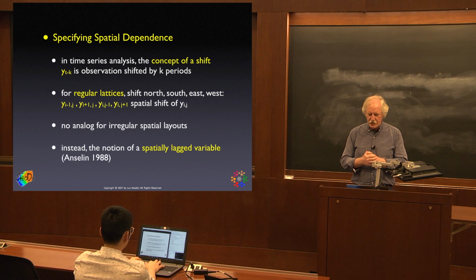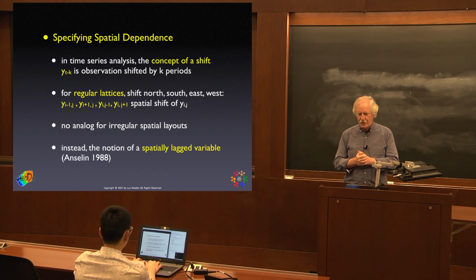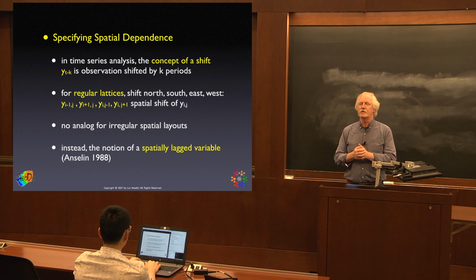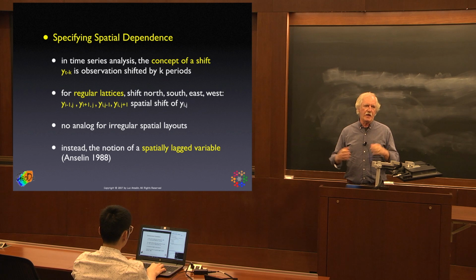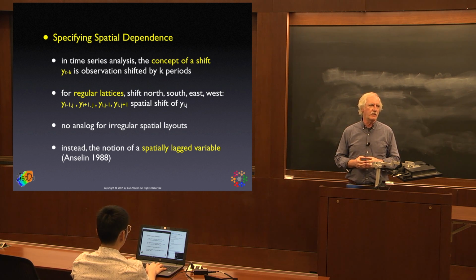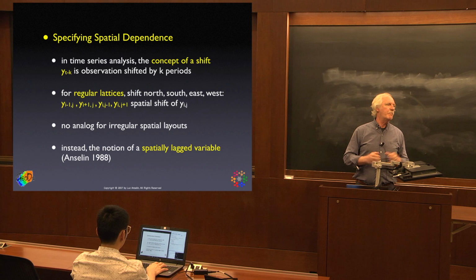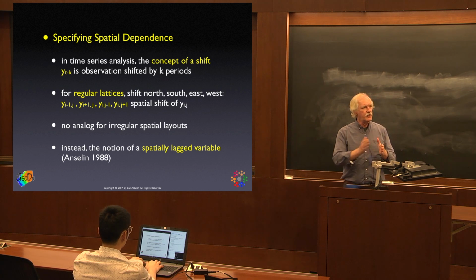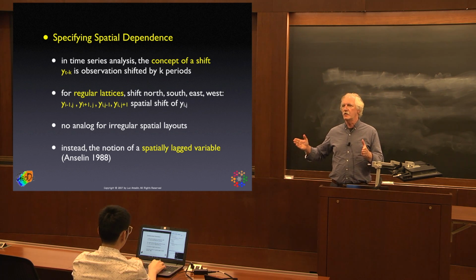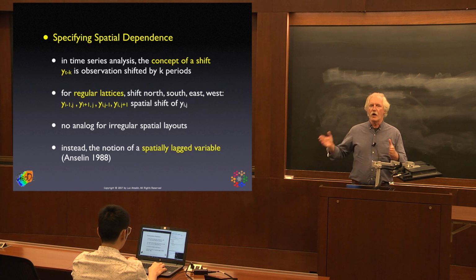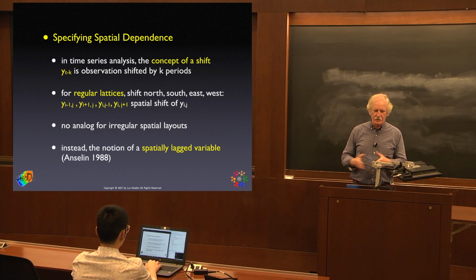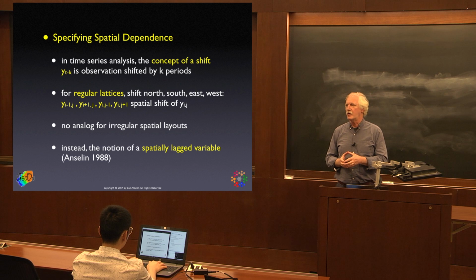Okay, so how do we specify spatial dependence? And here again, as I've pointed out a number of times already, there is a major difference between the time domain and the cross-sectional domain. In a time domain, it's unambiguous what an observation shifted in time is. Everybody knows what one previous time period is. In space, that's not that straightforward.